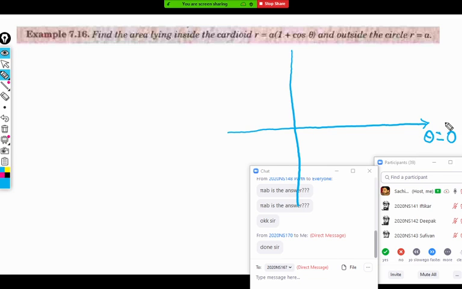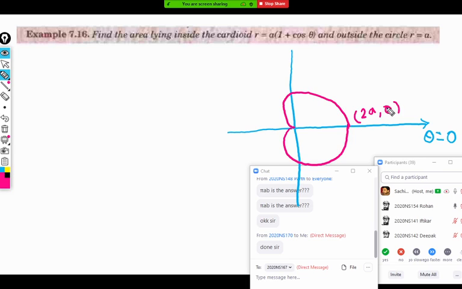We have to draw this cardioid r equal to a(1 plus cos theta). Which type of cardioid is this? So this is a right hand side cardioid. Correct, very good. The cardioid will go like this. So what are the coordinates of this point?